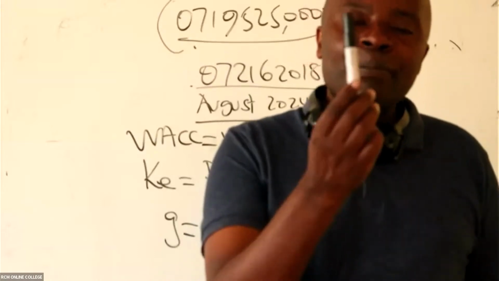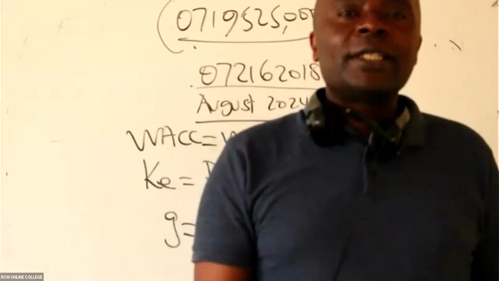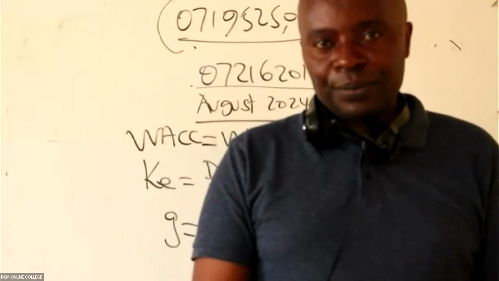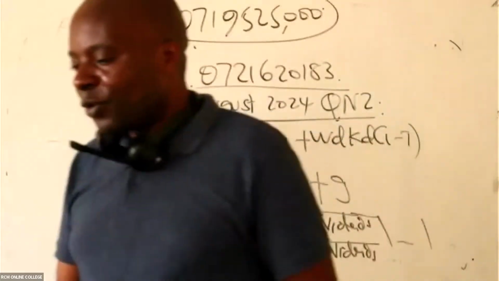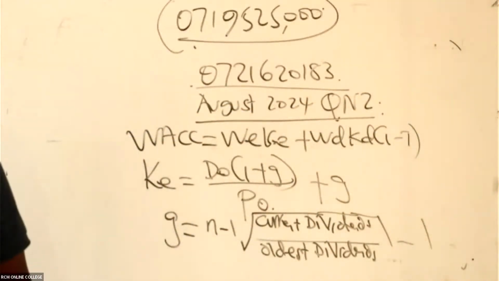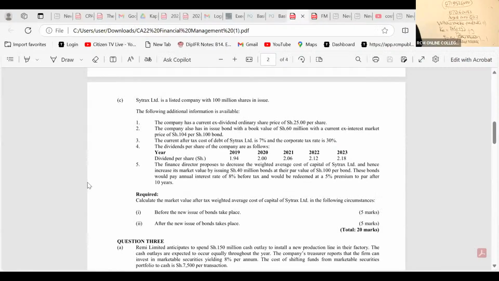But when you see many dividends like that, that's not very usual. Those are not flowers. When I see many dividends like in this question here, I can see 5 dividends, not 4. We have dividends per share from 2019.